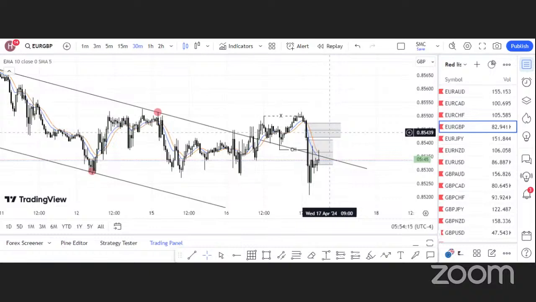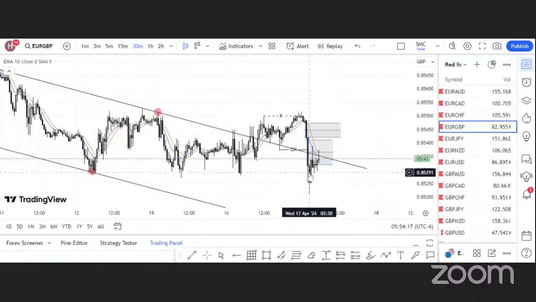And the reason is because you see, after the break of our trend line to this level, and then when the market came to this level, we also have a fair value gap here, which is our number one criteria for a sell or for a buy. And then we have the two moving average above, and the candles are closing below the two moving average.